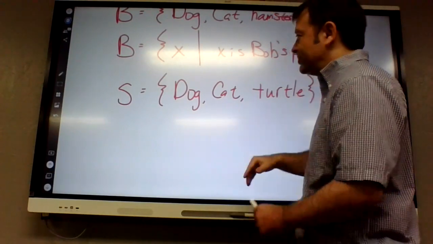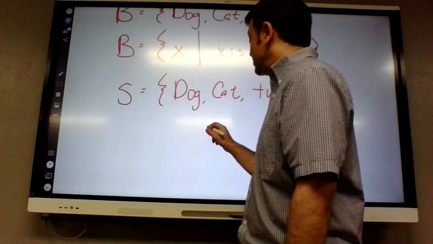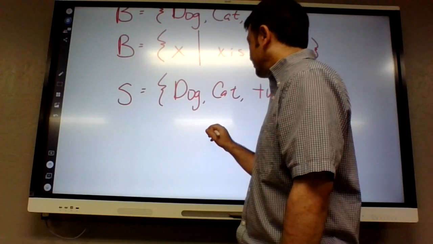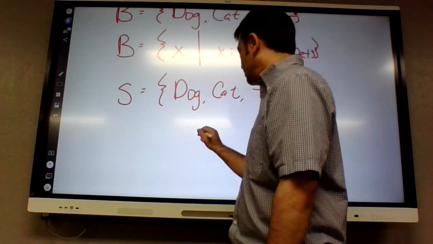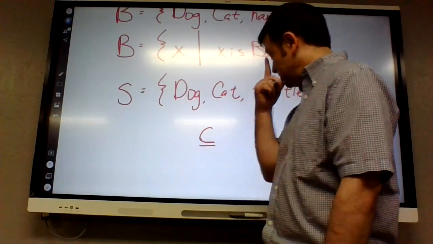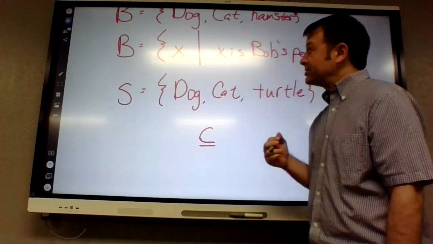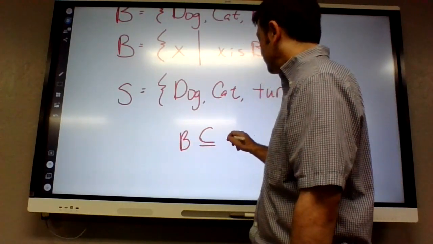Okay, so that's not really a new concept, but something that's new is this symbol, which means a subset. Guess what subset means? It's like a set of numbers that has so.